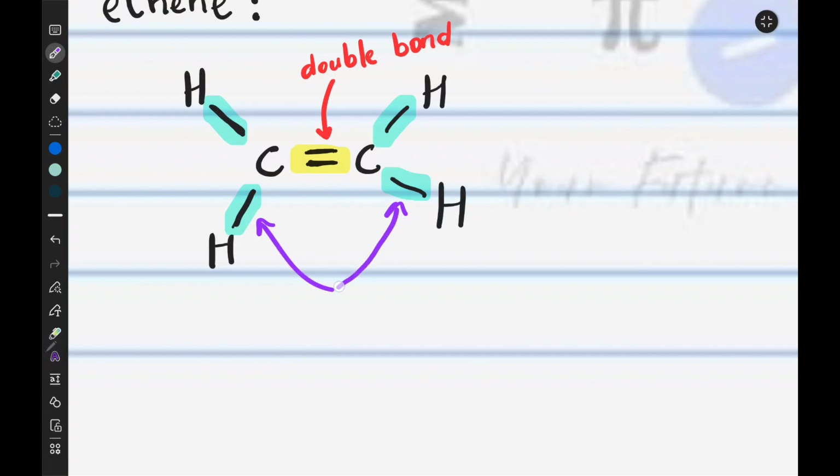So that's what we mean by lines telling us the type of bond. Double line, it's a double bond. 3 lines, it's a triple bond.